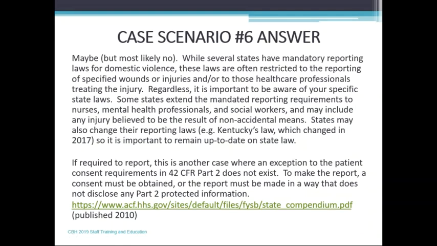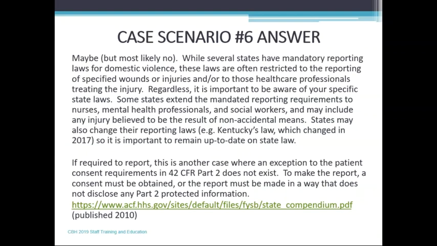You know, this is one case scenario that's kind of intentionally not black or white, because state law varies so much on this issue. So while there are several states that have mandatory reporting laws for domestic violence, if you really dig into those, a lot of times those laws are restricted to either the reporting of very specific wounds or injuries, or they're restricted to just those healthcare professionals that are involved in treating that injury.